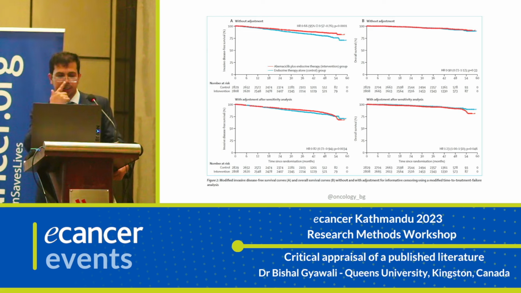If you don't adjust for that censoring, you will see a biased result. You see an impressive hazard ratio, a highly significant result. But if you control for that, if you assume that patients who are being differentially dropped out are dropping out because they have progressed, then that benefit disappears. It narrows, so the benefit does not look as impressive.